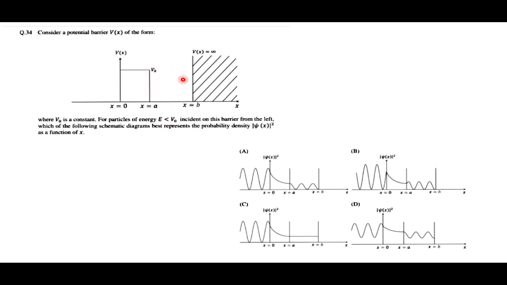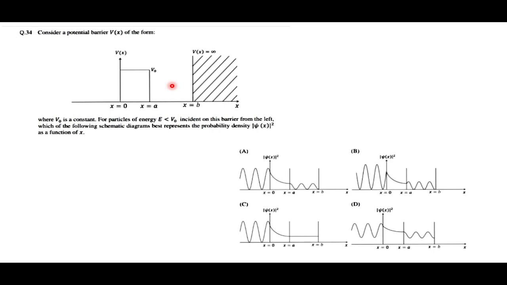Now when you find the wave function in this region, the third region, the wave vector will be, let's say, k3. If you apply the continuity condition on psi and also on del psi del x between these two regions, you will get a condition, I think, that k3 is i times beta.